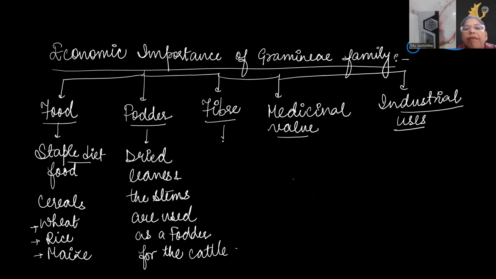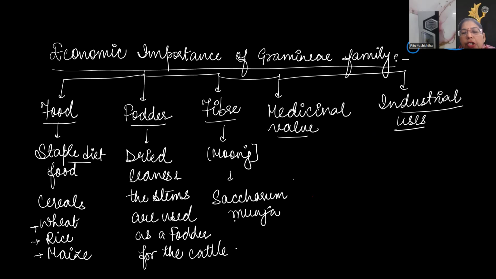When we talk about fiber, Saccharum munja is the plant which is used in preparing mats, ropes, etc.